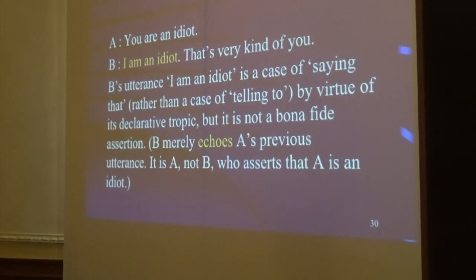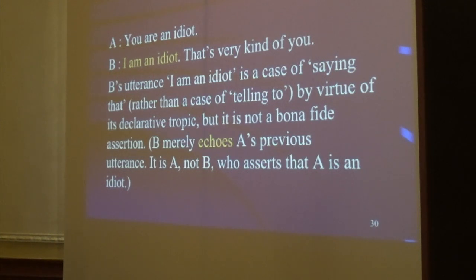So B's response is two sentences, and they are both locutionary acts. B says that he himself is an idiot, and B says that it's very kind of the speaker to say that. Those things are said, but non-seriously. When B says, "I'm an idiot," he's performing that locutionary act by virtue of its declarative tropic.